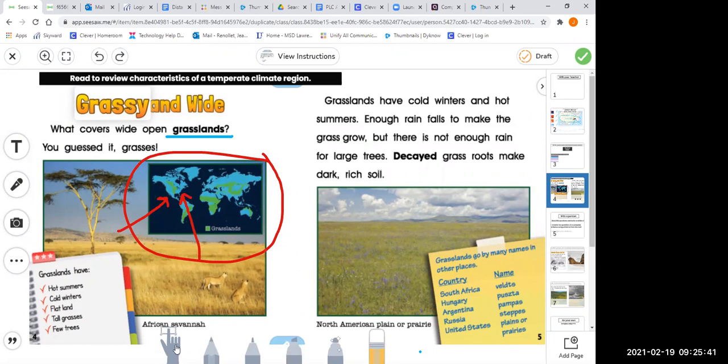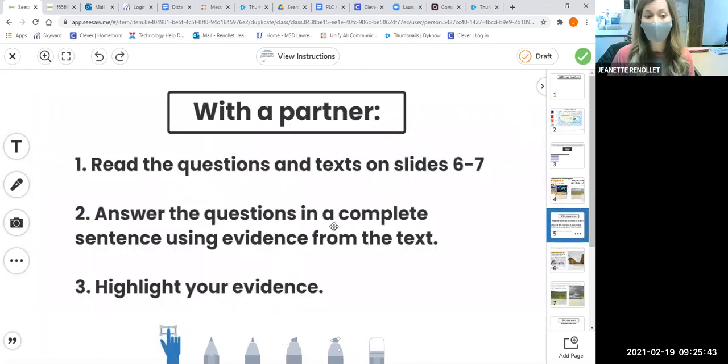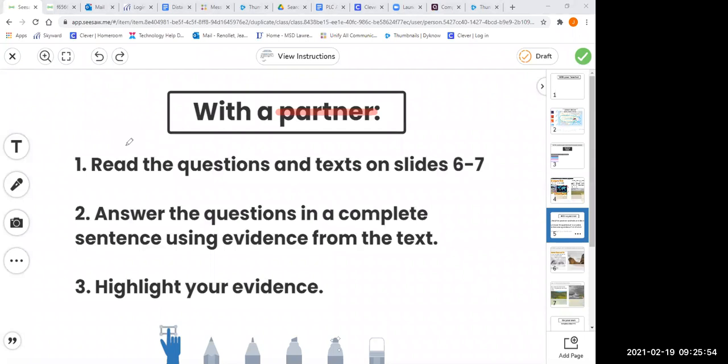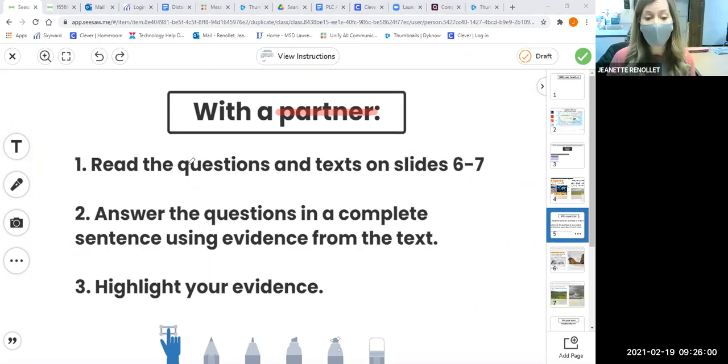Please click on slide number 5. Slide number 5 gives you directions for today's work. With a partner, you are going to read the questions and the text on slides 6 and 7.